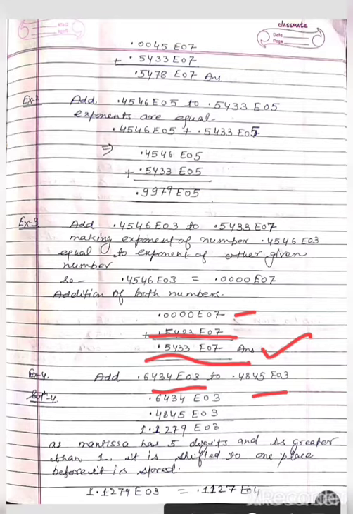So now shifting the decimal towards the left and increasing the exponent by 1, and taking the 4 digits of the mantissa, that gives the value 0.1127 E04.